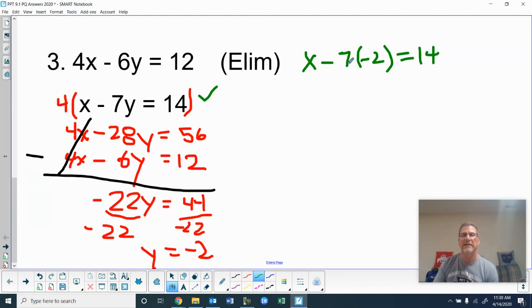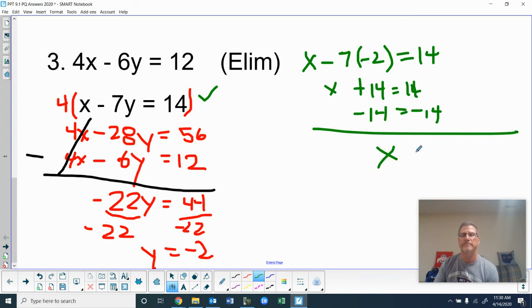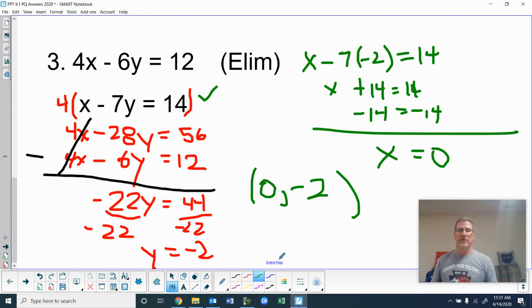And a negative 7 times a negative 2 is a positive 14. And then get x by itself, so subtract the 14. And 14 minus 14 is 0. So the answer to number 3 is 0 for x, negative 2 for y. All right, that's elimination.